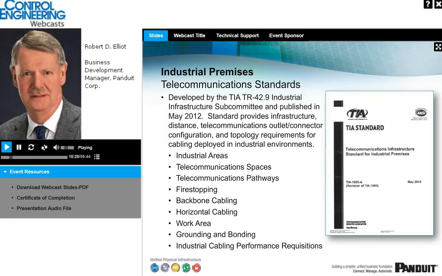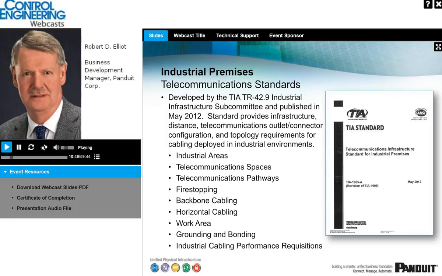So having set the stage, we now want to take a slight change here to talk about some of the standards that are relevant and pertinent to the design of a reliable physical layer network. One of the key documents here is the TIA, that's the Telecommunications Industry Association, Standard for Industrial Premises.